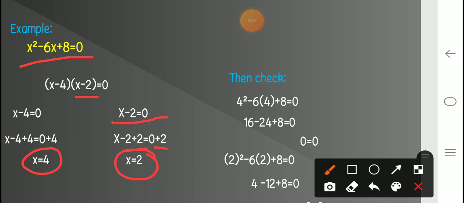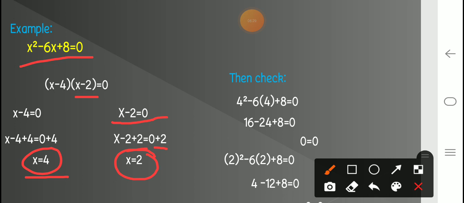Simplify using our first value, x is equal to 4. Our x squared is 4 squared, negative 6x is negative 6 times 4, plus 8 is equal to 0. And 4 squared is 16, 6 times 4 is 24, plus 8.